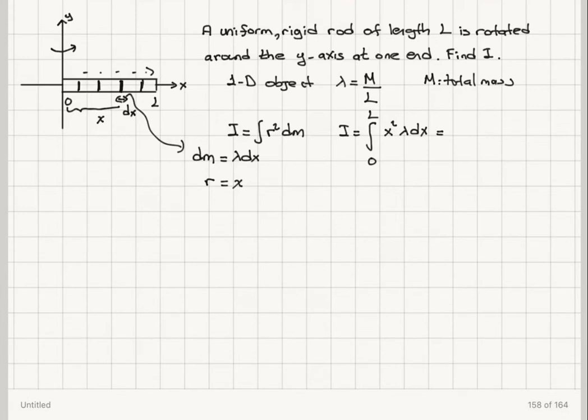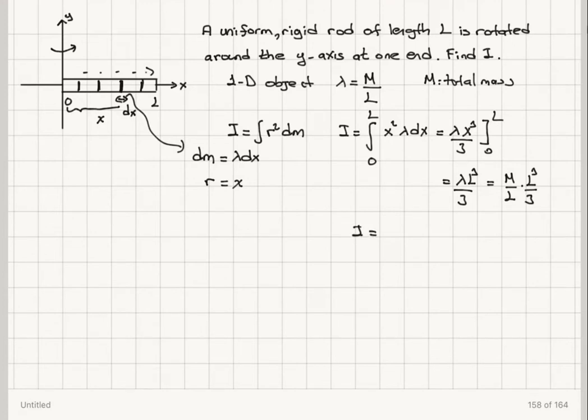Since lambda is a constant, it stays outside, and I get x cubed over 3 from 0 to L, so that will be lambda L cubed over 3. Now, what is lambda in this case? Lambda is m over L, so it is m over L times L cubed over 3.